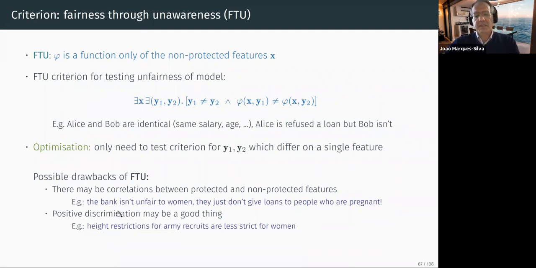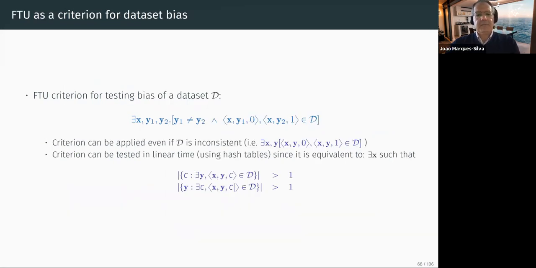And sometimes discrimination is actually good, and FTU does not model that. So, for example, if you are using height to pick people for the army, women should be positively discriminated. Of course, it makes sense. Okay, and so we can do several things. Let me go back. So again, even with all this, we used FTU, number one, and number two, we are going to argue that FTU is actually quite nice.